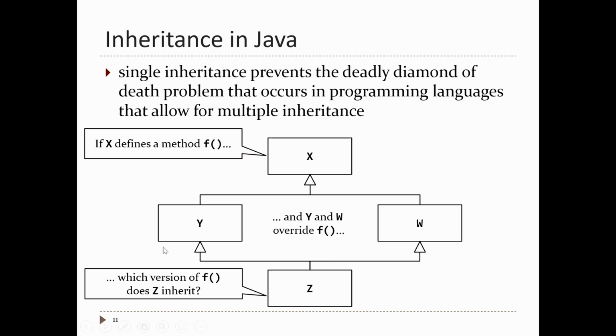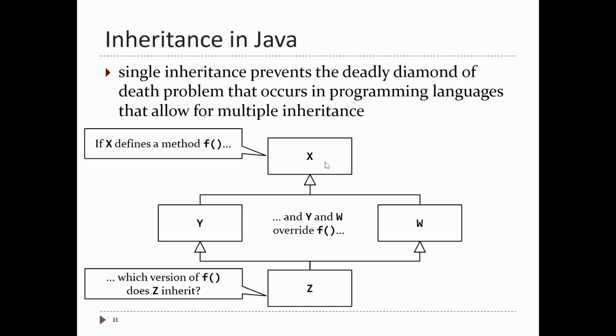Furthermore, they can change how f behaves: Y can override f, and W can override f, or they can choose not to. In multiple inheritance, if someone makes a Z object and writes z.f, which version of f do they get? Y's version, W's version, or X's version of the method?